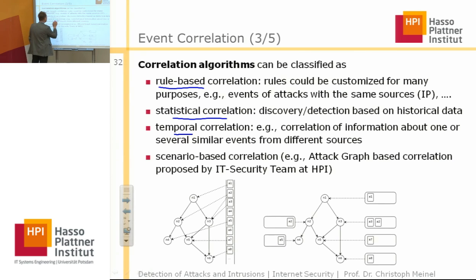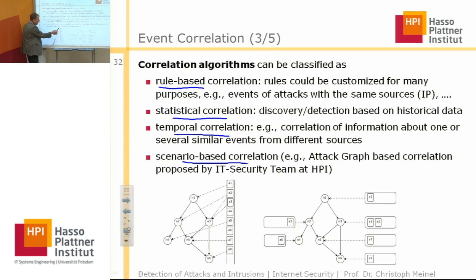These correlation algorithms can be based on temporal correlation, for example, correlation of information about one or several similar events from different sources. Or they may be scenario-based. Here, I already mentioned the attack graph tool, which our security analytics lab at HPI, our security team, designed and proposed, based on this attack graph correlation.